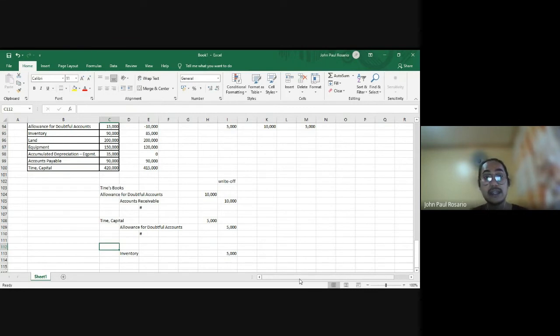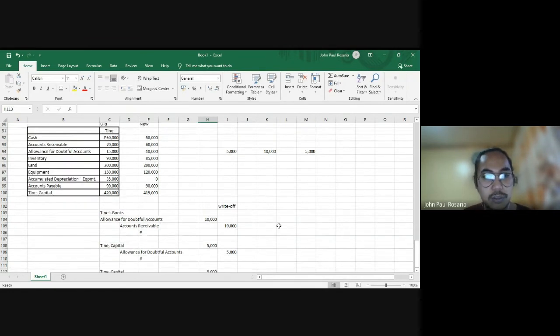And that is an expense account. But since again, we are just simply adjusting time's capital in preparation for the partnership that is about to be formed, we directly adjust the capital. Since that was an expense, we directly adjust time's capital. So time's capital debit amounting to 5,000. And then we go to the third adjustment.